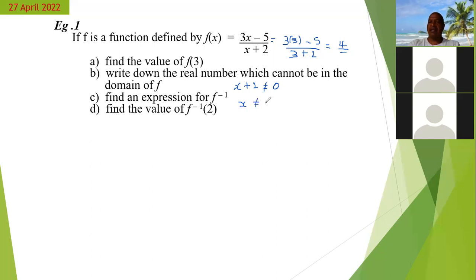So x cannot be equal to -2. And so that would be the answer. Therefore -2 cannot be in the domain.